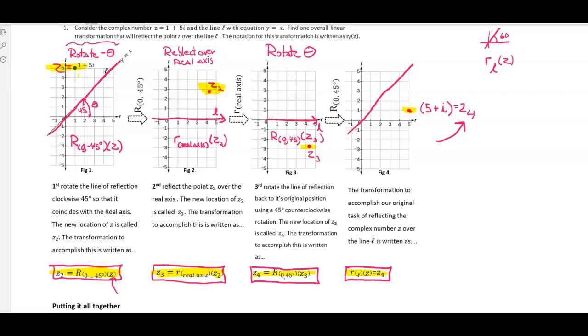Watch. First, rotate negative 60 degrees. Second, reflect over the x-axis, or reflect over the real axis.